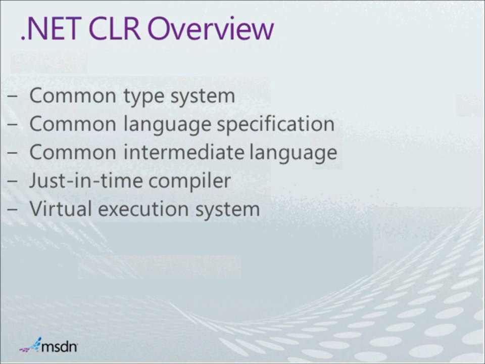One other aspect of the .NET CLR itself is this concept of a just-in-time compiler. I talked about this a little bit ago, but what a just-in-time compiler actually is, is a compiler just like the VBC or the CSC compilers that we used earlier to build a C# app or a Visual Basic app.